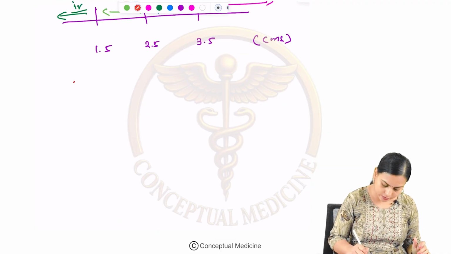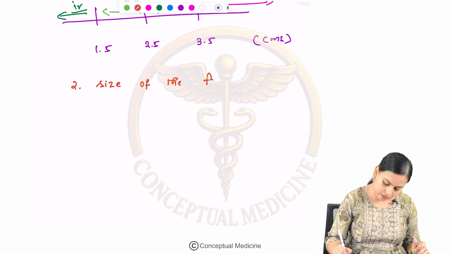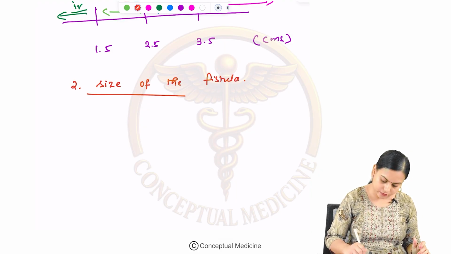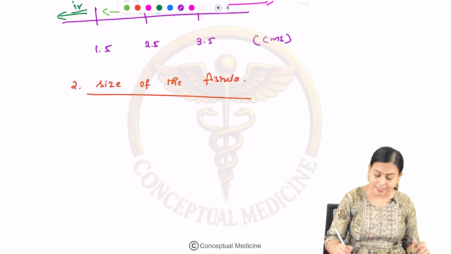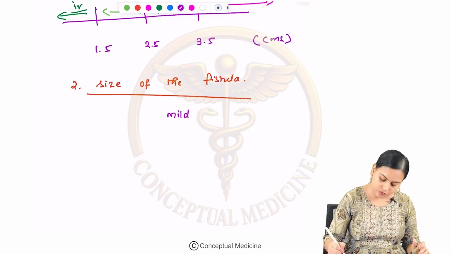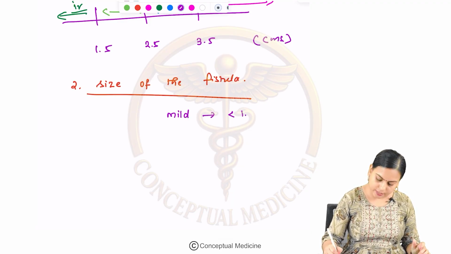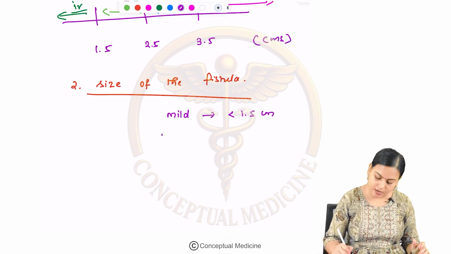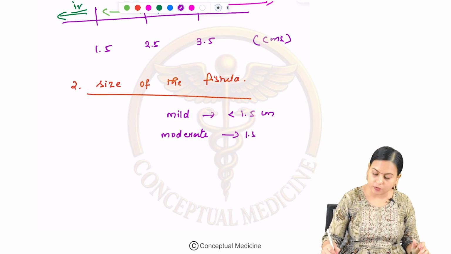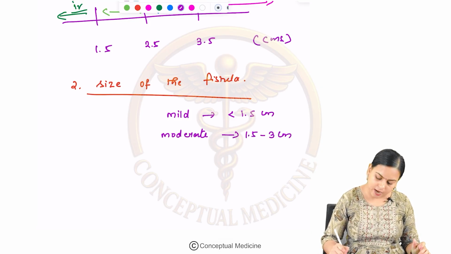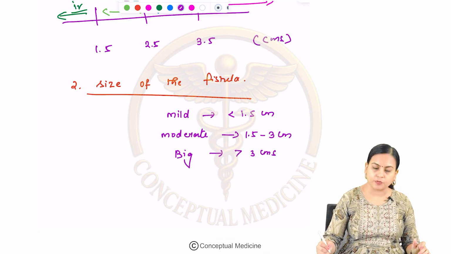The second one depends upon the size of the fistula itself. Okay, it is divided into mild, moderate and severe. So the smaller fistula is going to be less than 1.5 centimeters and a moderate fistula is going to be between 1.5 to 3 centimeters and a big fistula is going to be more than 3 centimeters.